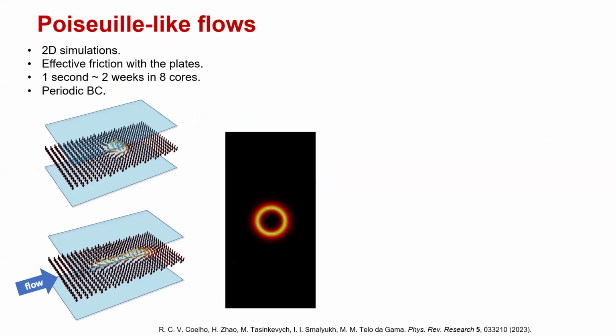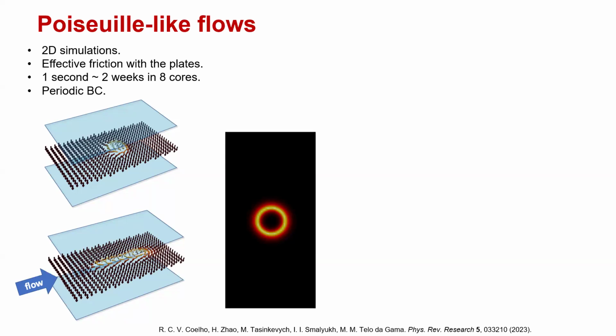This is work that we published last year, where we simulate this kernel in 2D. That's what we could do at that time. Because the time step is so small, the simulation takes very long, even in 2D, parallelized on 8 cores. A typical simulation takes a few weeks. In 3D, it would take many months, 6 months, 1 year, and we don't know if it would work.